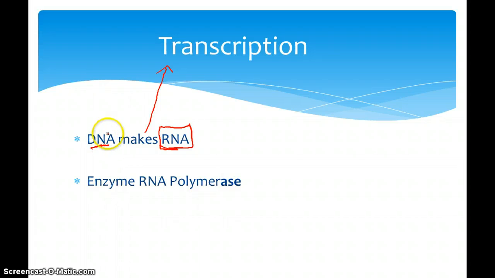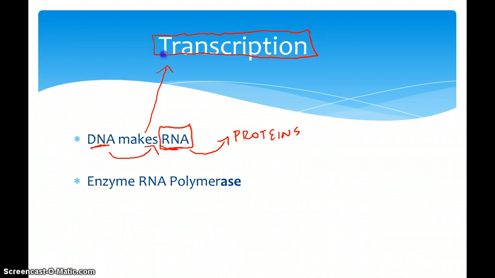It contains all the genes. But these genes cannot be expressed without the creation of RNA, because RNA creates proteins. So DNA makes RNA. That's what we need to understand, and that is called transcription. So transcription, keep that in mind all the time.